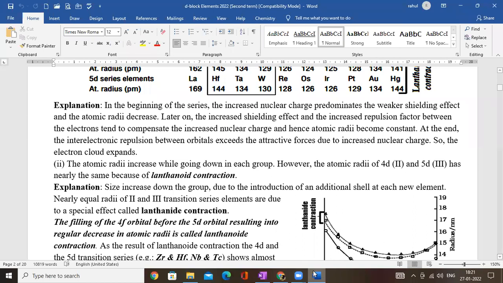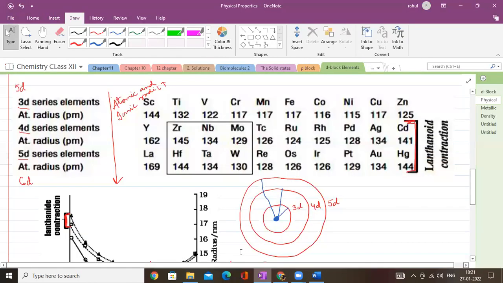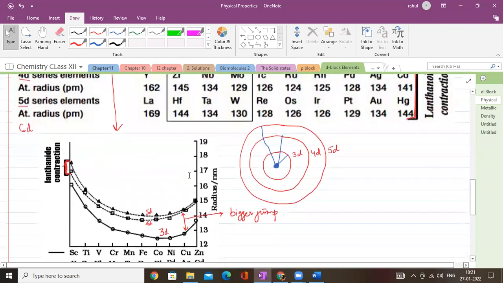But the most important thing which I have to take up right now is the concept of lanthanide contraction. What I was trying to tell you is, suppose this is the 3D series, this is 4D, and this is the 5D series. Although I said that when you go from 3D to 4D and 4D to 5D there is an increase in atomic radii, the most important thing is there is a huge jump between 3D and 4D in the atomic radii, as you can see from the data also.